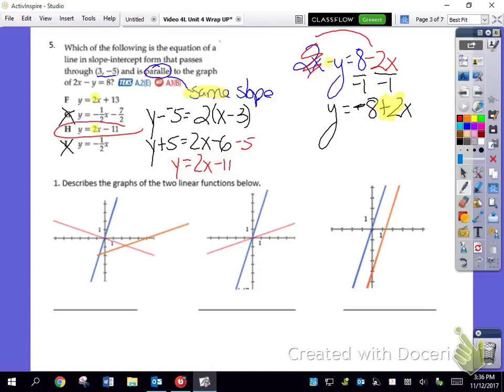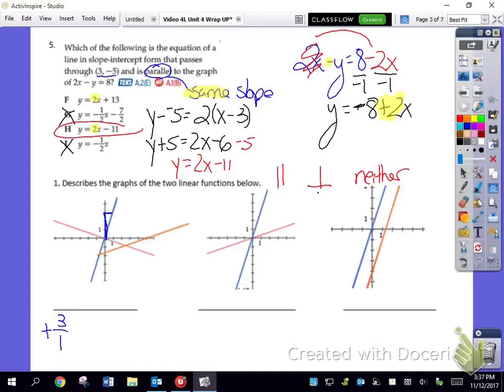On number 1, you have to describe the graphs. You have to tell me if they're parallel, perpendicular, or neither. Make sure you can verify it. On the first one, these cross, so either it's going to be perpendicular or neither. It goes up 3 over 1, so positive 3 over 1.